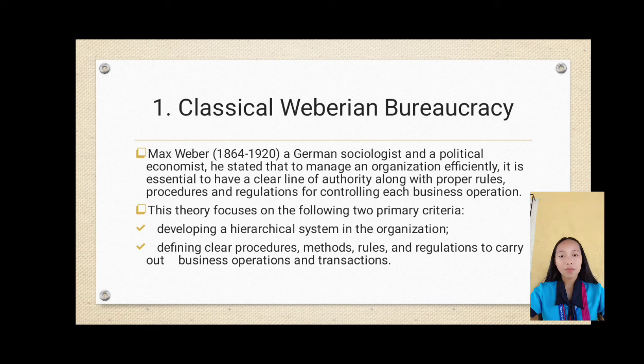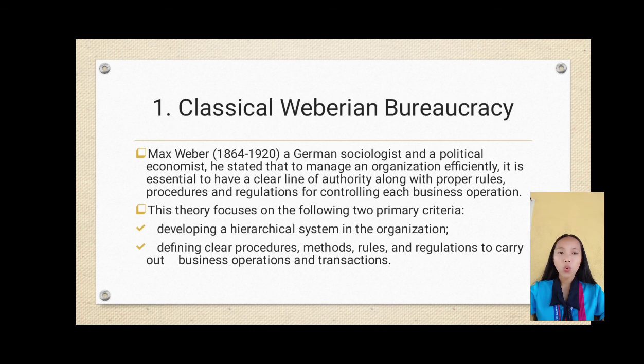This theory was introduced by Max Weber, a German sociologist and political economist. He stated that to manage an organization efficiently, it is essential to have a clear line of authority along with proper rules, procedures, and regulations for controlling each business operation.